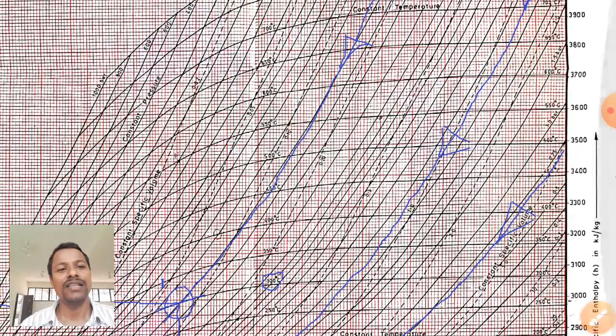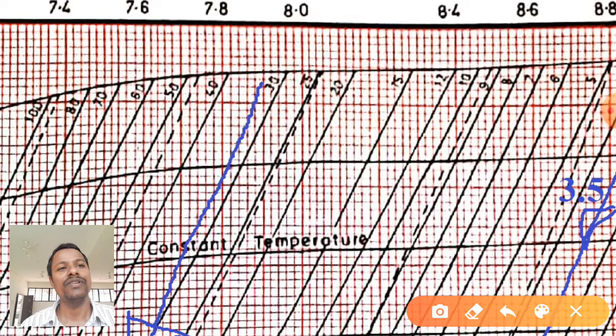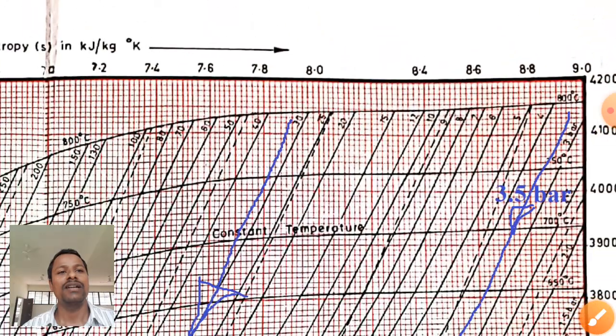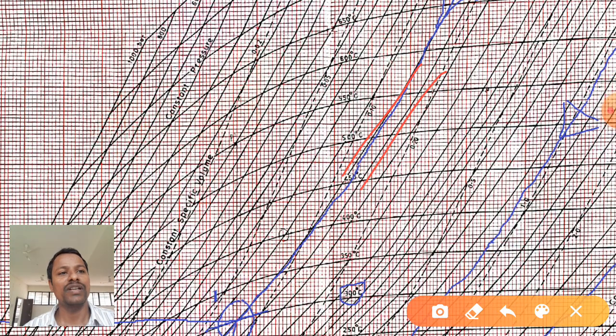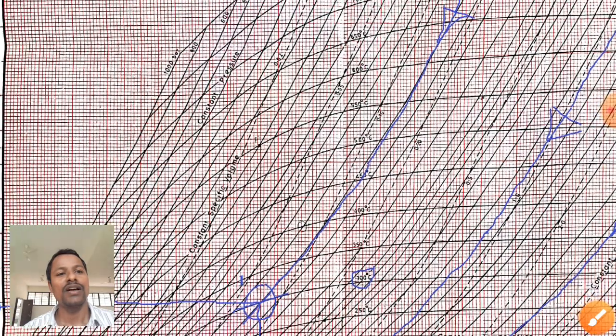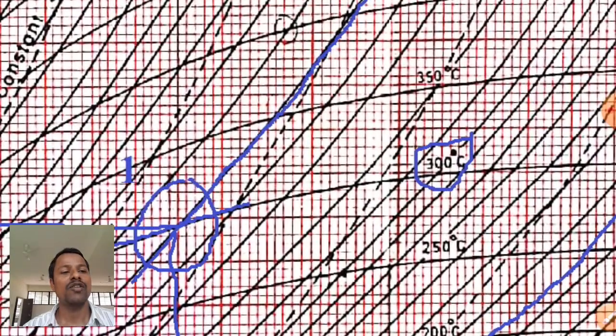Here the inlet condition is the 30 bar pressure line. We have the 40 bar pressure line here, then the 20 bar pressure line, so this is the 30 bar pressure line. From this I will move downward, after identifying the 30 bar pressure line, till it cuts a constant temperature line.